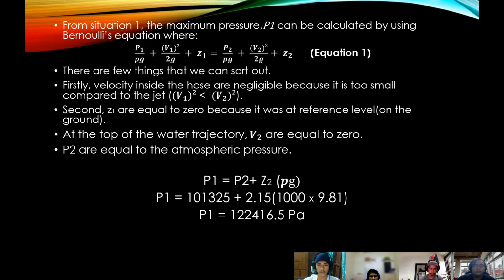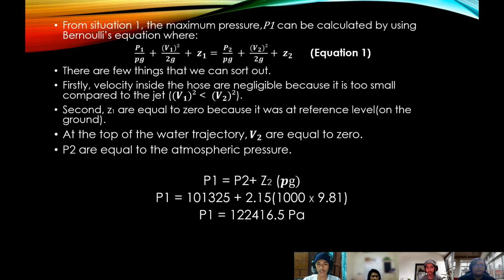So from situation 1, we can use the Bernoulli equation to find the maximum pressure P1, which is the pressure in the hose. And there are a few things that we can sort out. First, the velocity inside the hose is negligible because it is too small compared to the velocity of the water jet.